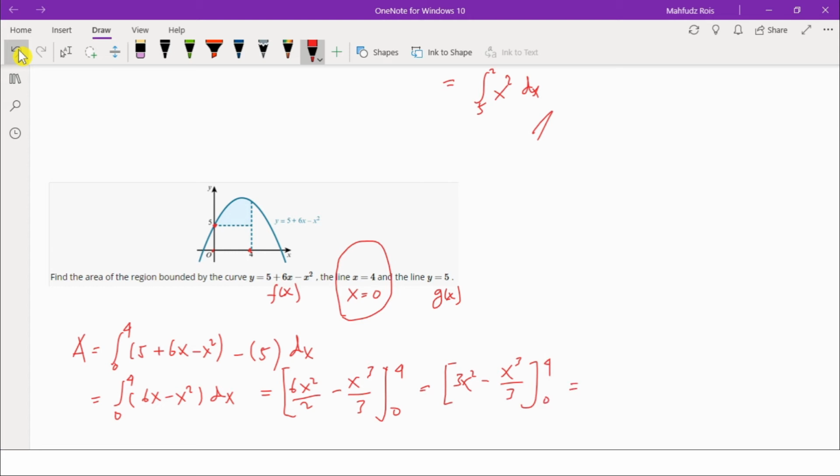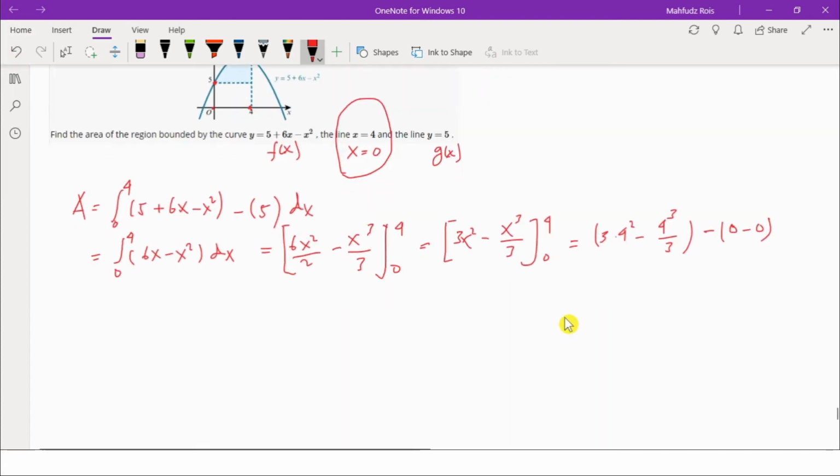Firstly 4, so 3 times 4 squared minus 4 cubed over 3, right? Subtracted by 0 minus 0. So here it will be only that one. So it's 3 times 16 minus 64 over 3, right?